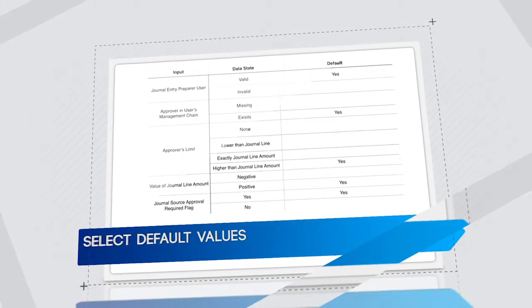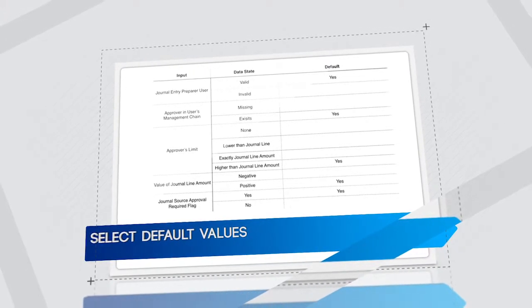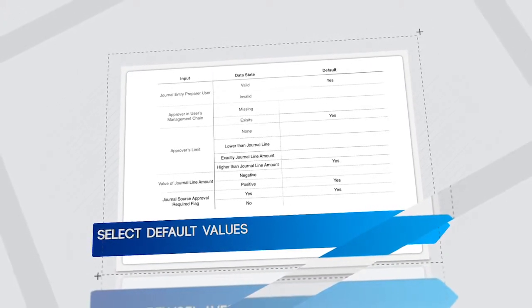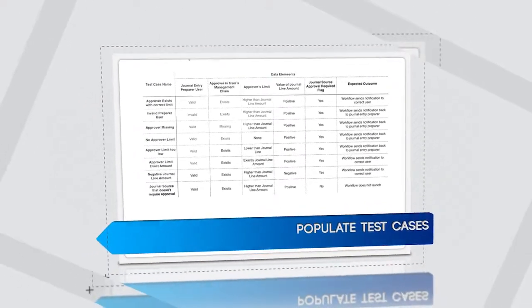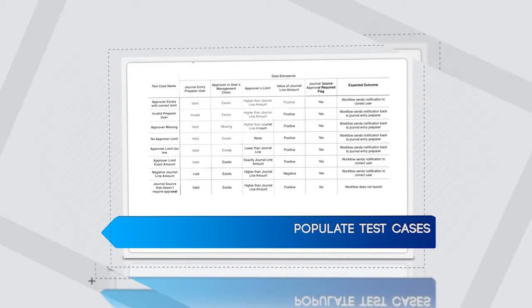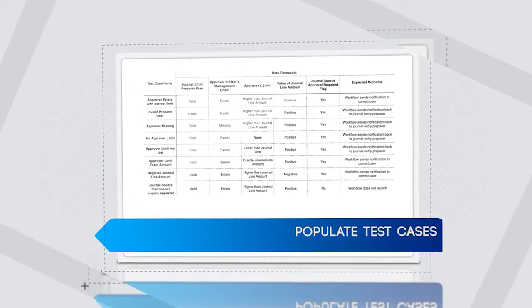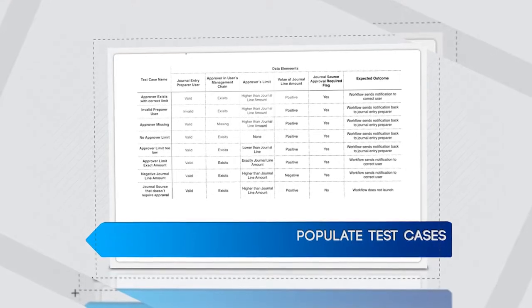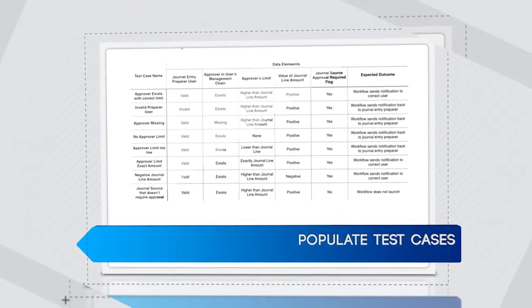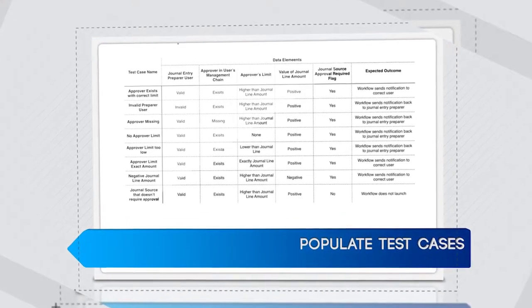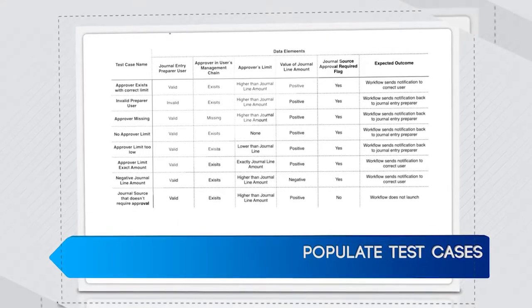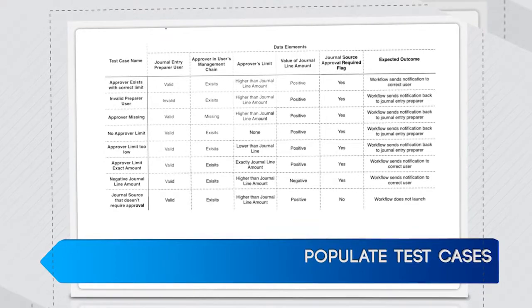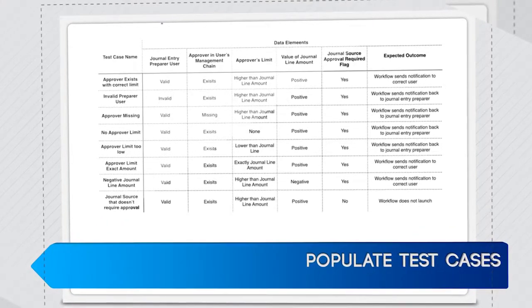So when we start manipulating our test cases, we can keep all these other variables static, and it's going to look something like this. As we populate our test case, you can see our first test case is what I just described, our basic scenario. The second one, we're going to have an invalid preparer user. So the first data element, the journal entry preparer user, we're going to make invalid, but we're going to keep all the other data elements the same.